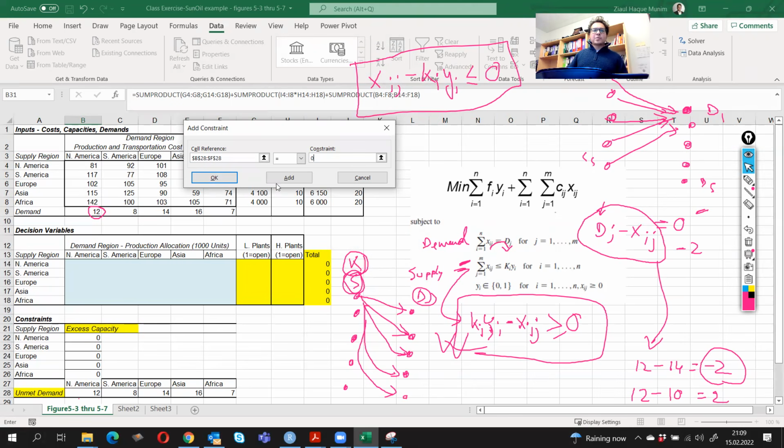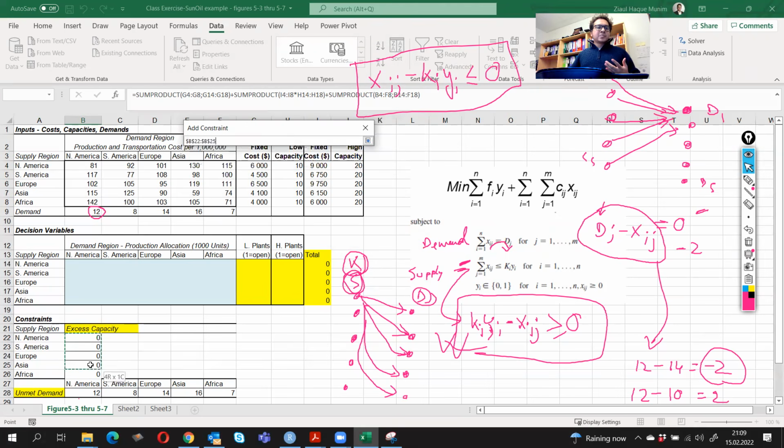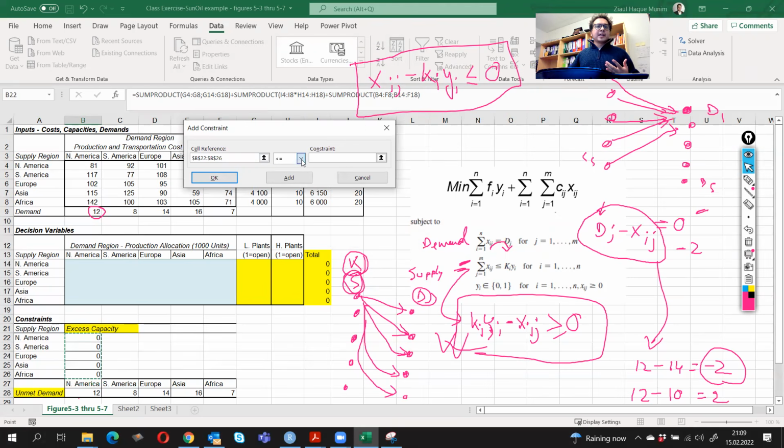It should be equal to 0. Then I'm going to click on add. Then the second one, ki yi minus xij, which we defined here in excess capacity, should be greater than or equal to 0. So I'm going to select this part here, and I'm going to say it should be greater than or equal to 0. Okay. Then I'm going to add this.